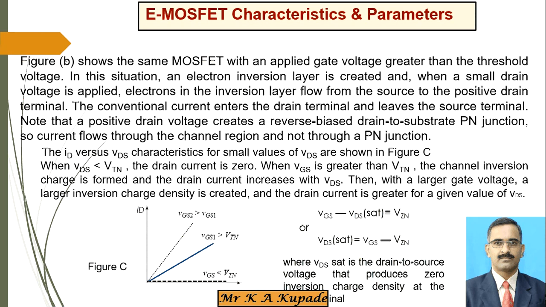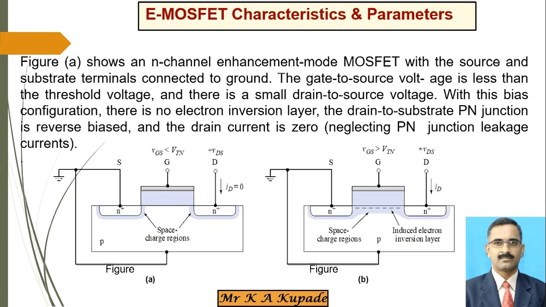That means there is no current flowing from the channel to the substrate, or from the inversion layer to the substrate. This is the consideration of figure B. Getting my point? In this P substrate, there is no current flowing in this situation.